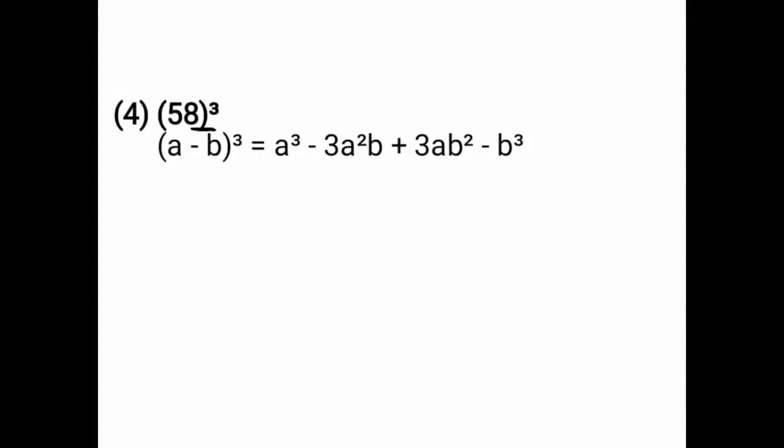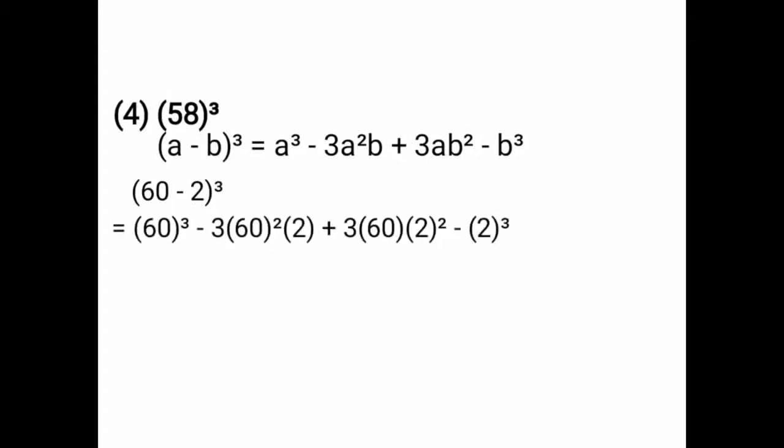If the unit place number is greater than 5, then you have to take subtraction from expansion. After number 58, the number with unit place 0 is 60, so you take subtraction from it. That is (60 minus 2) the whole cube, equal to 60 cube minus 3 into 60 square into 2 plus 3 into 60 into 2 square minus 2 cube.